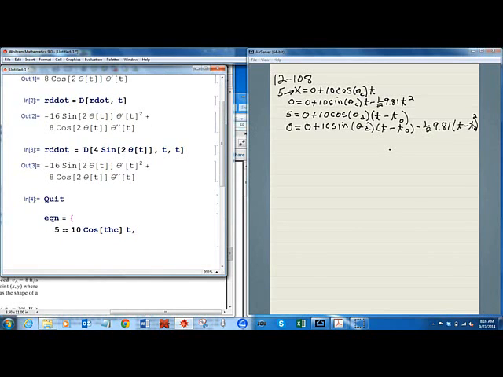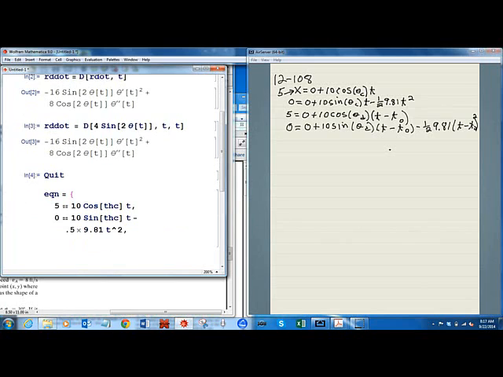That's one equation. So far, so good? Here's another one. 0 equals 10 sine THC times time minus 1/2 9.81 times t squared. Is that good?